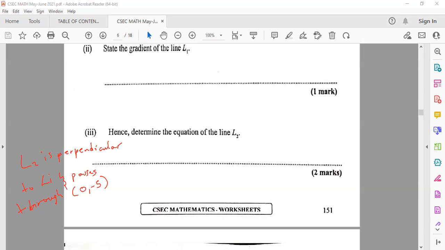All right, so we want to remember that the line L2 is perpendicular.